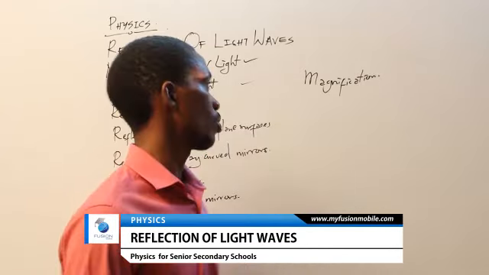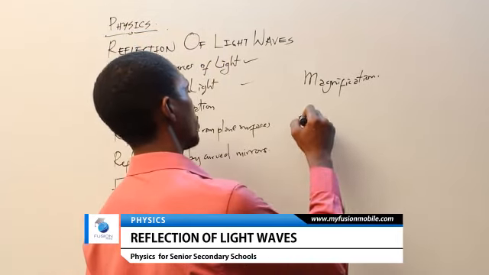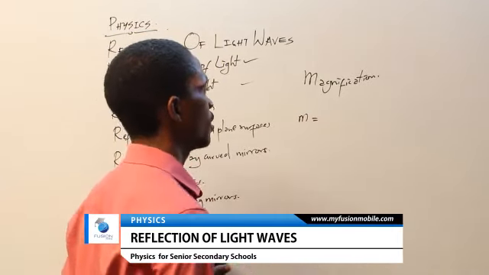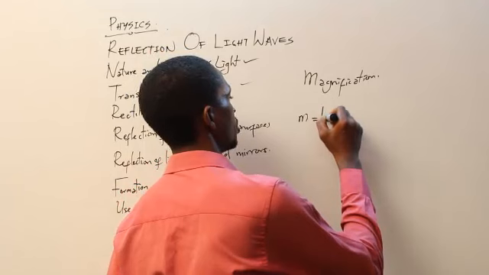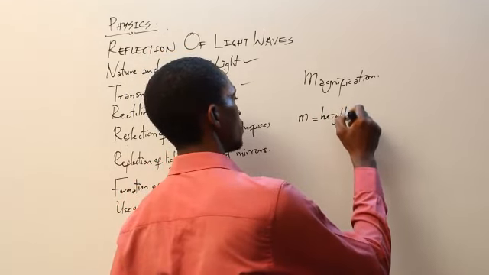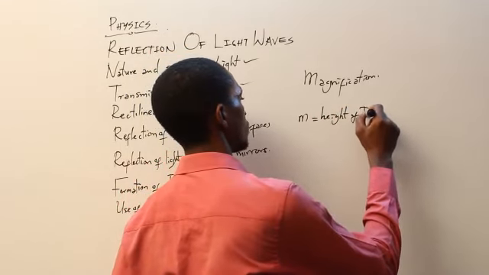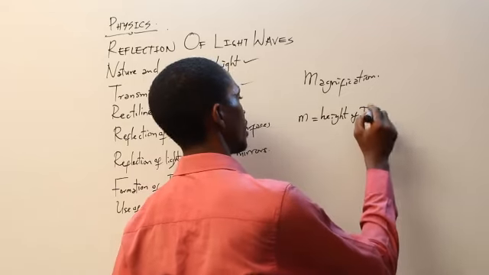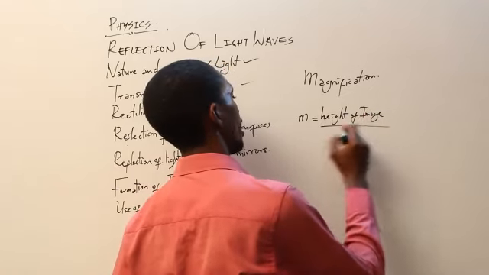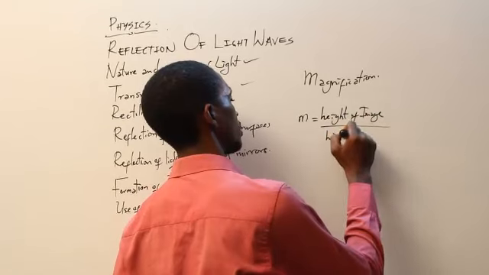That is, magnification, represented by m, can be calculated by the height of the image divided by the height of the object.